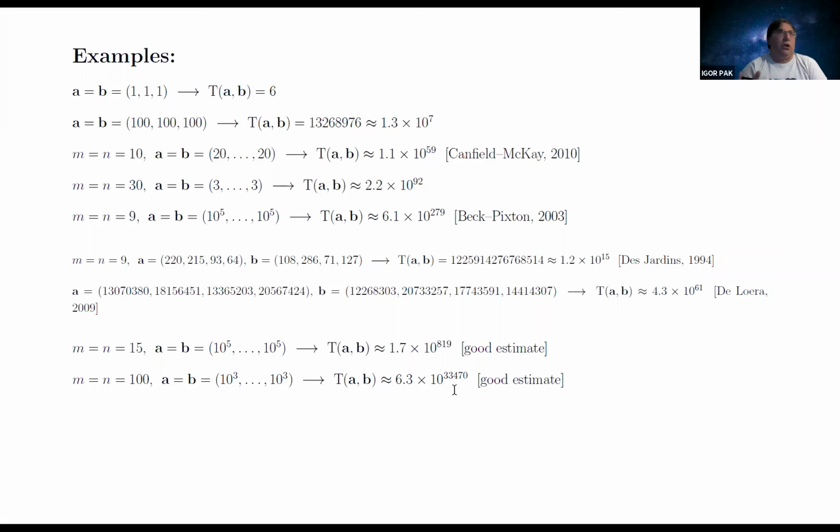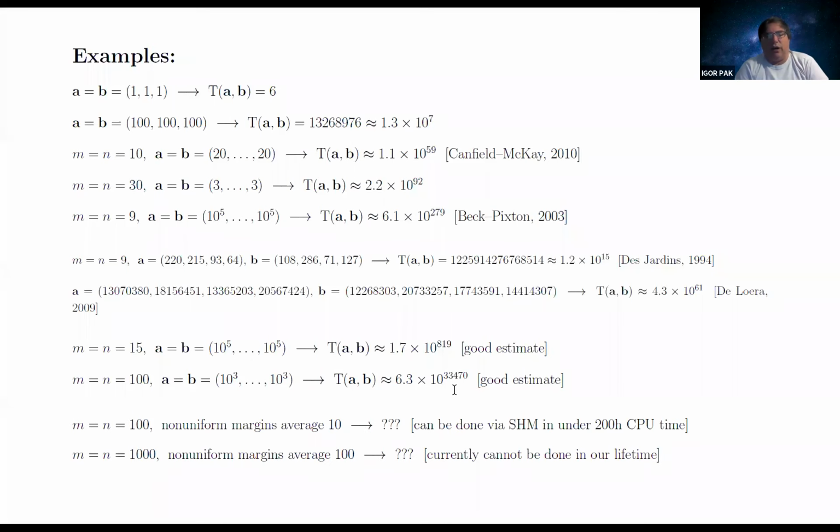And so we don't know the answer in these cases. This is just guesses. And if you have non-uniform marginals and fairly large matrices, you're not going to be able to compute anything at all. I looked into that, and there is no way to do it in our lifetime. That's about it for specific numerical examples. Can I move on?